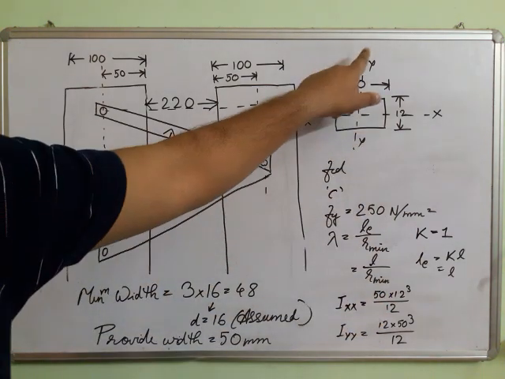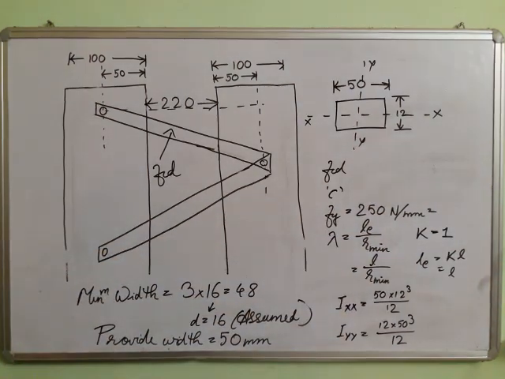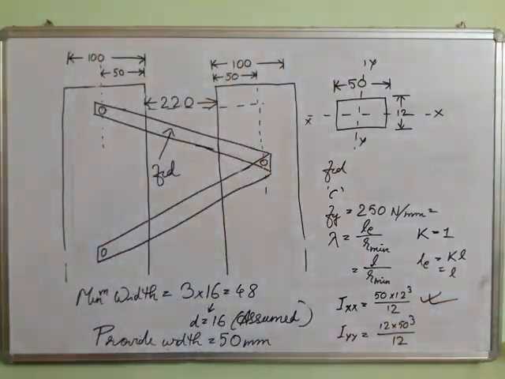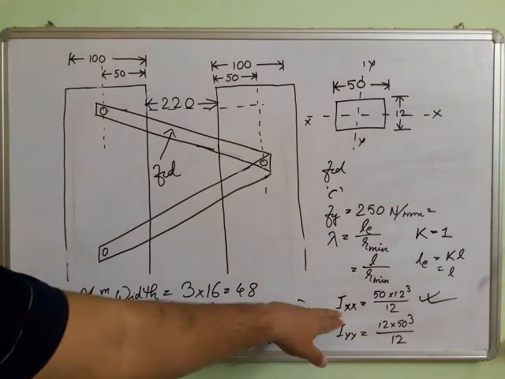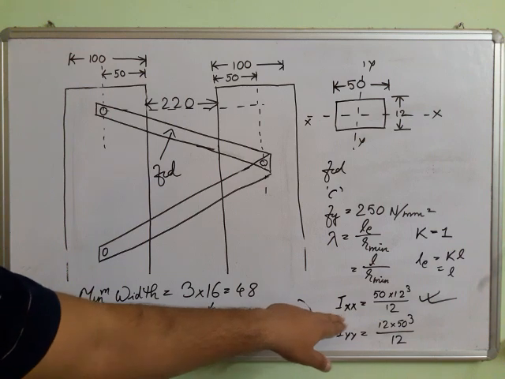Iy will be what? B d cube by 12. So which one is minimum here? Minimum is obviously this one.